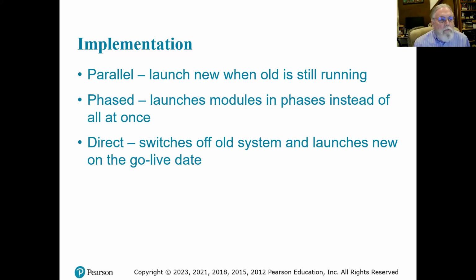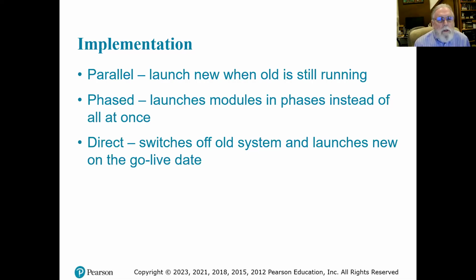Now, the direct is one I don't like, and that's where you just unplug the old system one day and you plug in the new one. The danger there is the new one doesn't work right, and then your entire company is down. And so that's the most risky, when you just flip the switch.